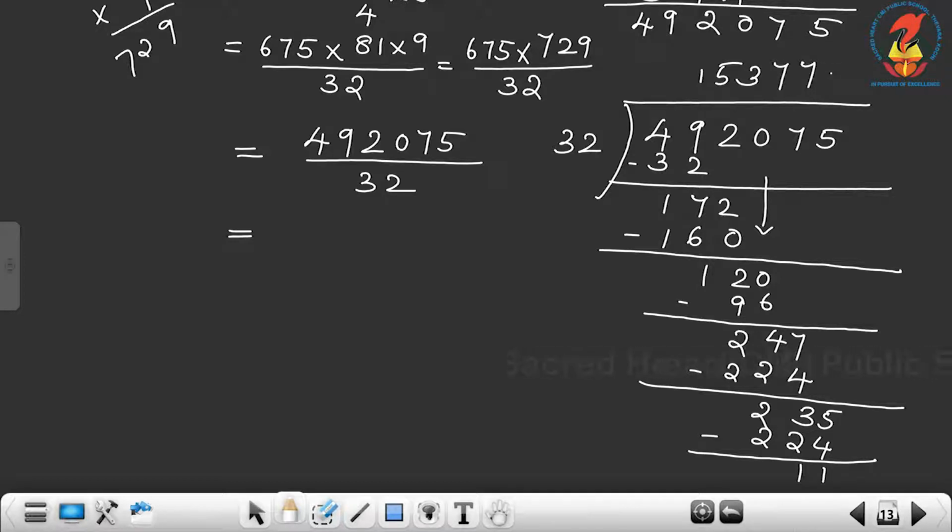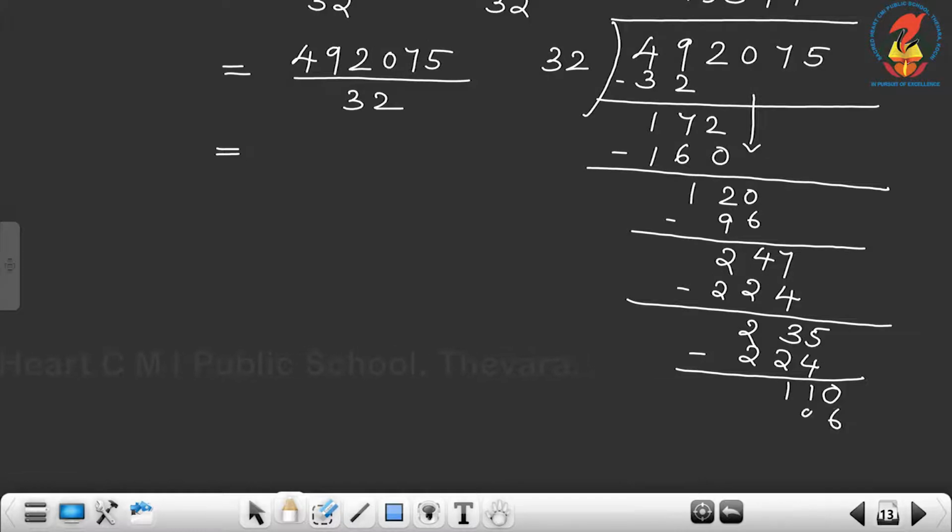Put the decimal point, then we can put 0, then how many times? 3 times. 40 and 32 into 4, 128.